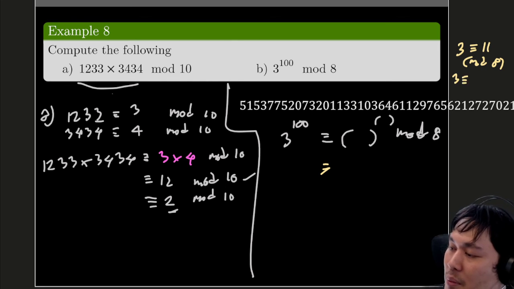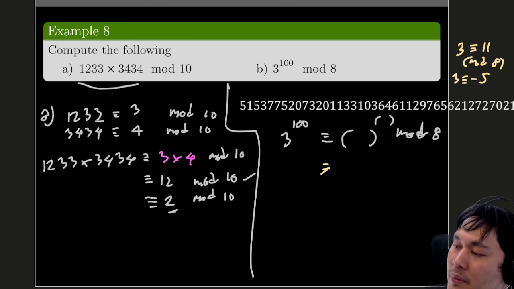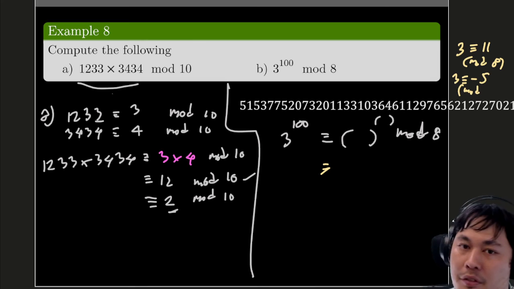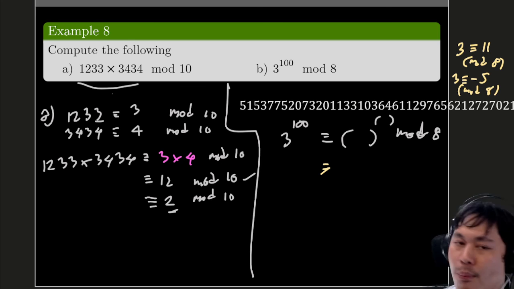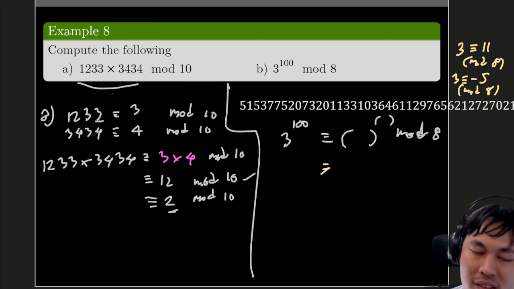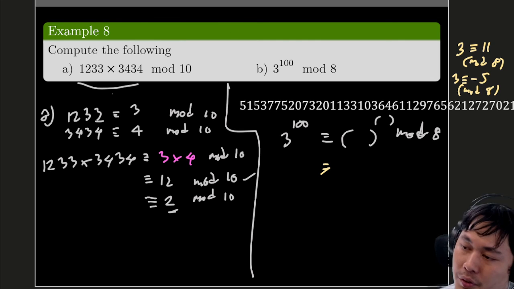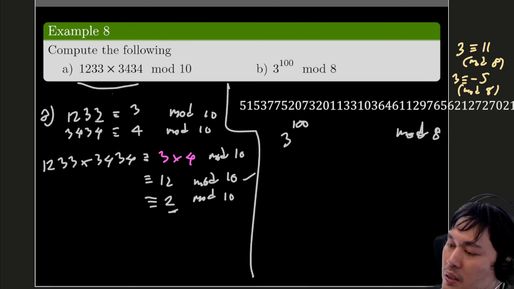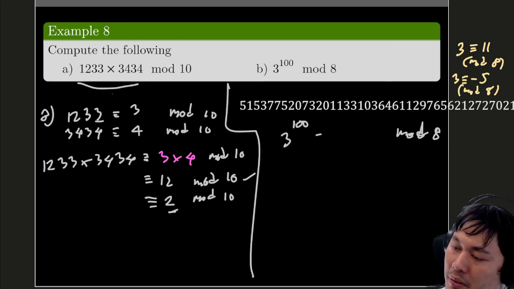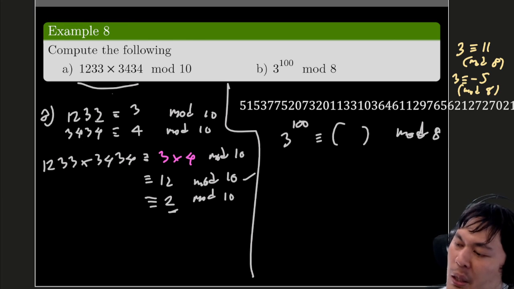Or if you subtract 8, you get minus 5. Do you want to change that 3 to minus 5? Maybe not, because 3 is already small. So the trick here is, instead of doing a power of 100, maybe you can do something like 3 squared to the power of 50.